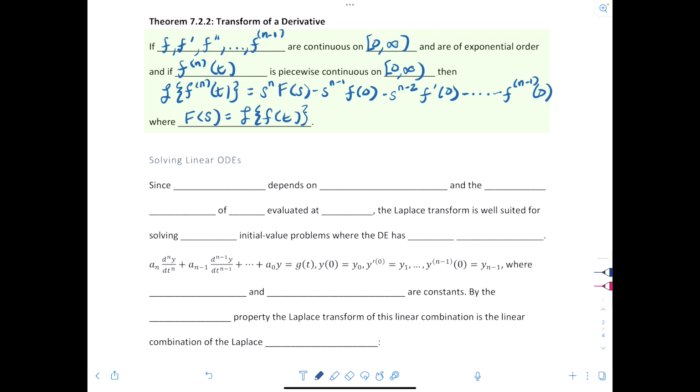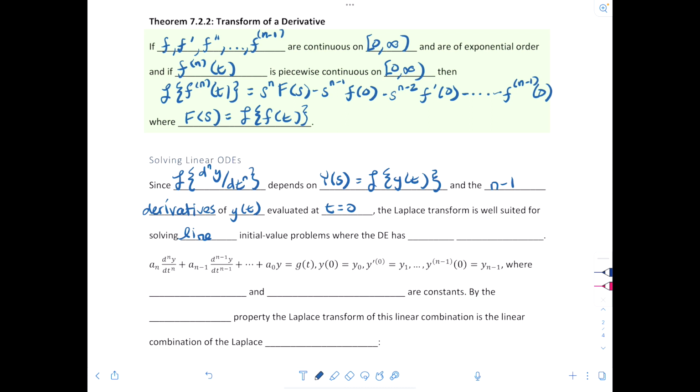Since the Laplace transform of the nth derivative of y with respect to t depends on capital Y at s, which is equal to L of y at t, and the n minus 1 derivatives of y at t evaluated at t equal to 0, the Laplace transform is well suited for solving linear initial value problems where the DE has constant coefficients.